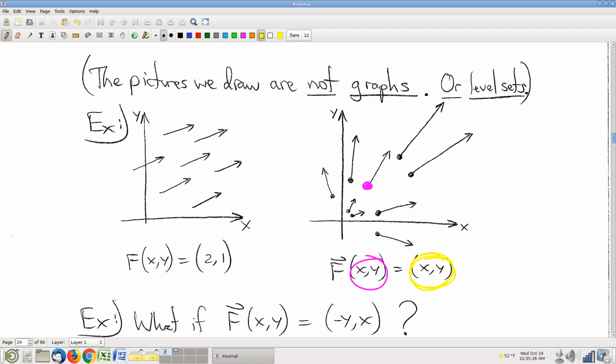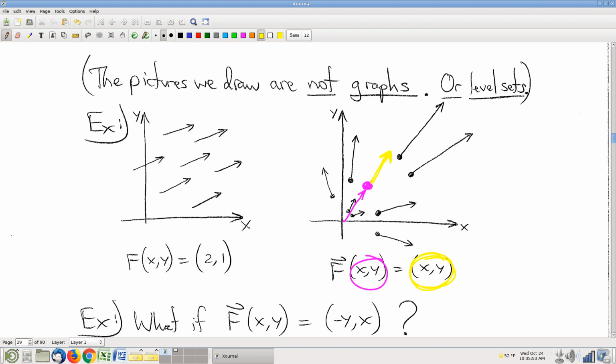The associated vector at that point is the same as the position vector of that point. Here's the position vector of that point. So the associated vector that I draw here is the same vector as that position vector.